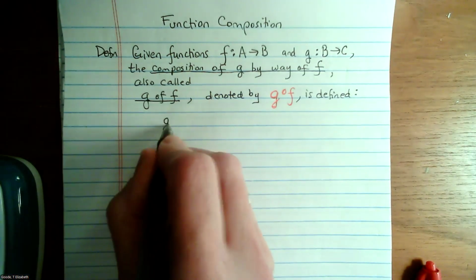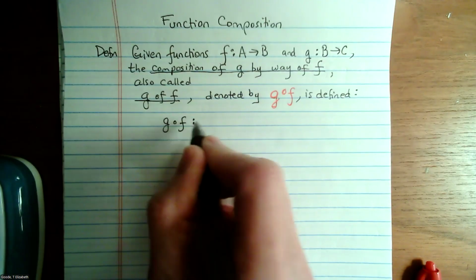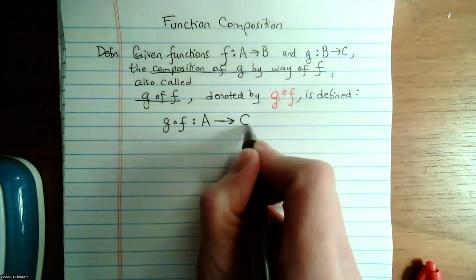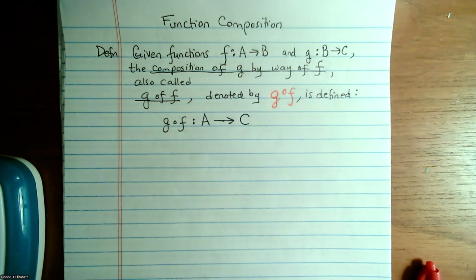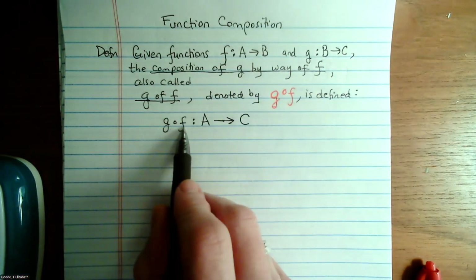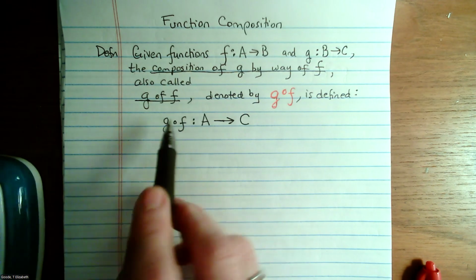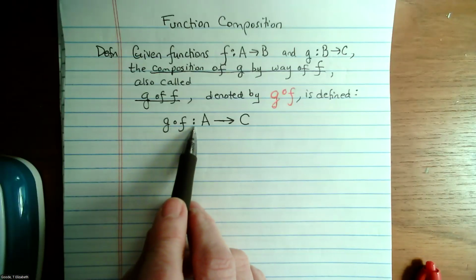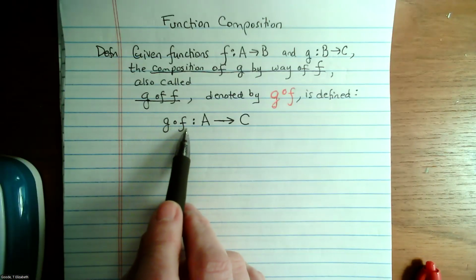Well, first of all, G of F is a function that starts in A and lands in C. The thing to understand about this weird notation is that even though we say G first, it's G by way of F. F actually acts first.